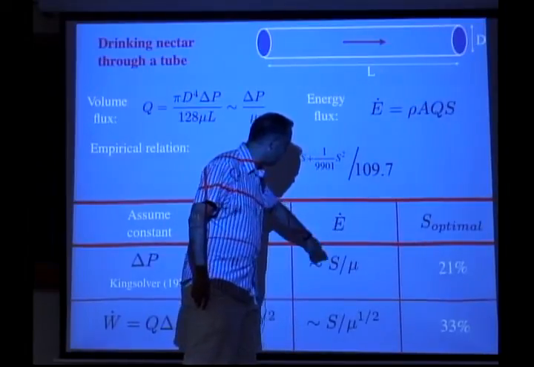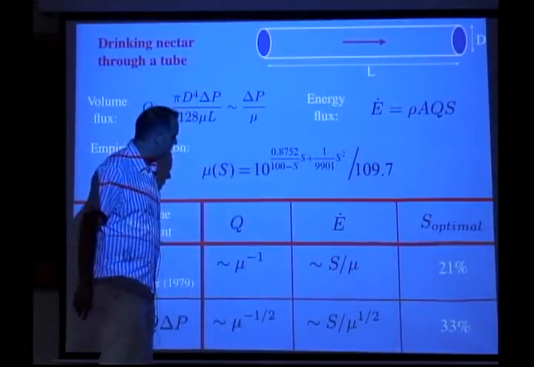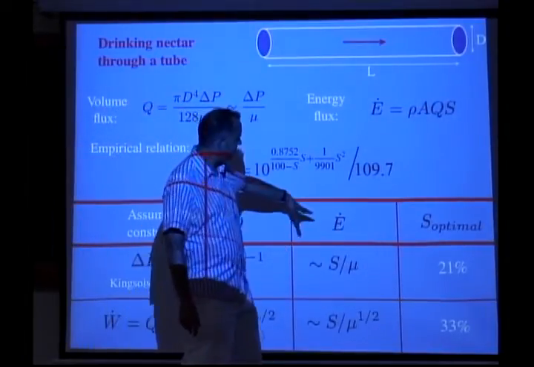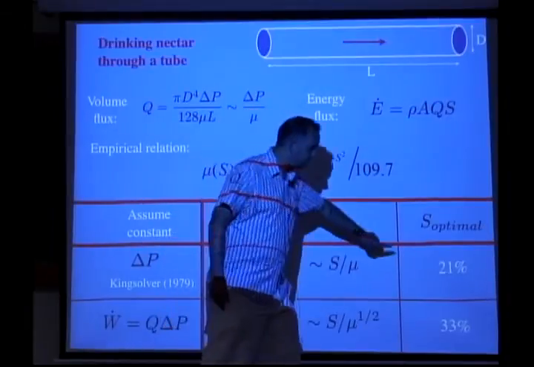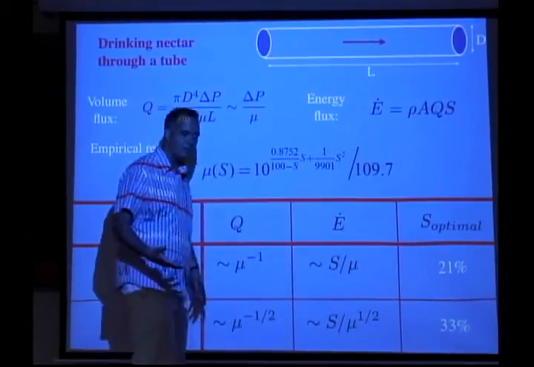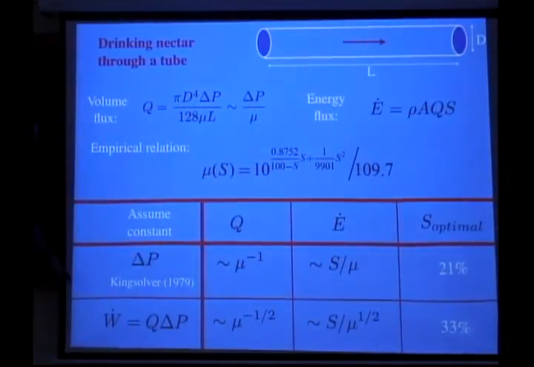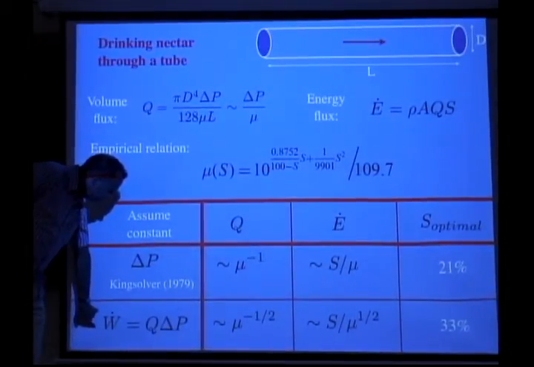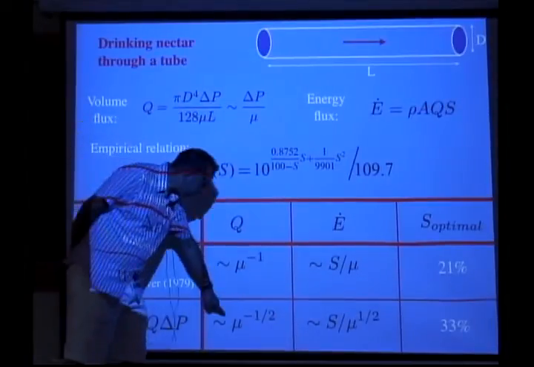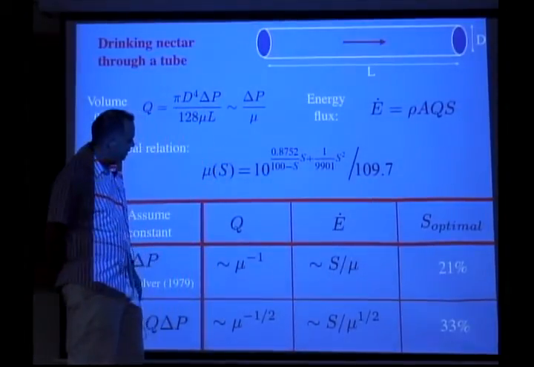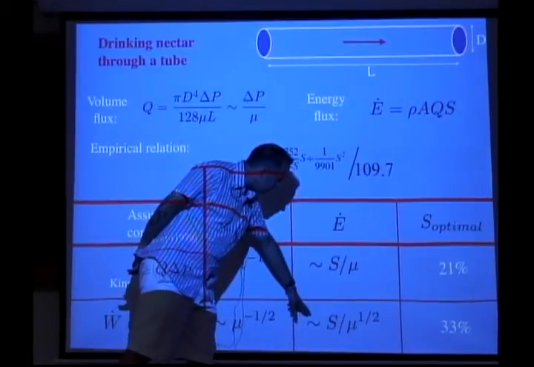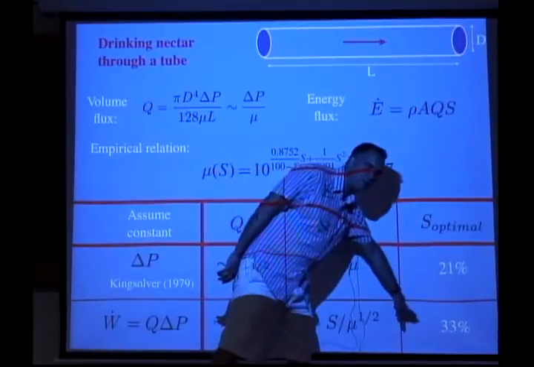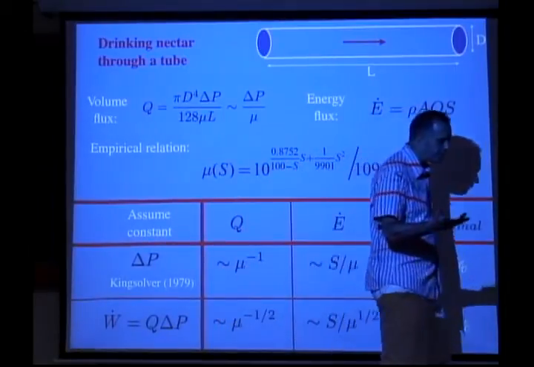So this is saying that E goes as S over mu. Then again you have to use this awful thing, but you find that the optimal concentration, for which this has a maximum, is 21%. And this is low. It's not consistent with the data. But if you assume that what's held constant is the rate of work, then we expect Q to scale like mu to the -1/2 power, and E prime then to scale like S over mu to the 1/2, and it predicts an optimal concentration of 33%, which is roughly consistent.